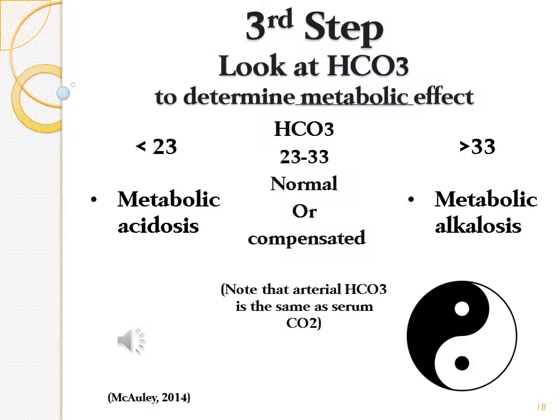The next time you do an ABG, compare those 2 values and you'll see they're the same. If you have an electrolyte panel, you know what your bicarbonate is. If your bicarb is less than 23, the patient is in metabolic acidosis. If it's greater than 33, the patient is in metabolic alkalosis.